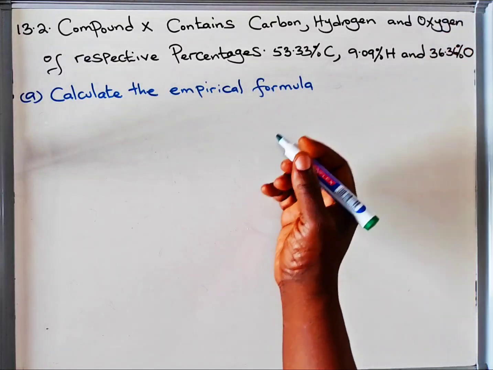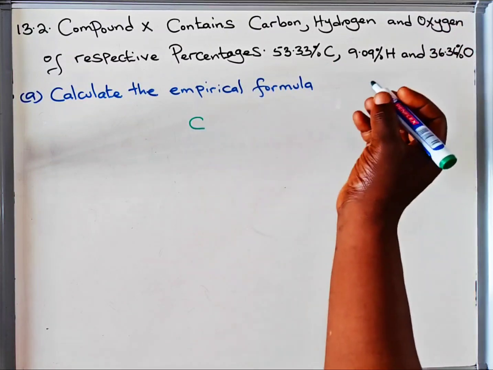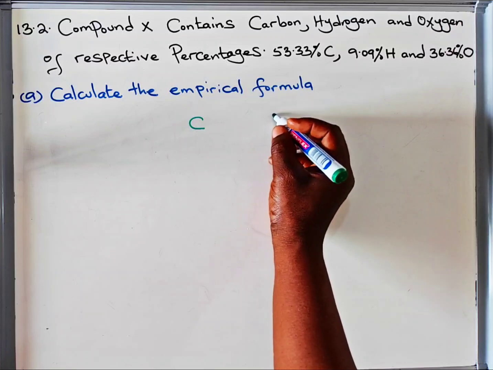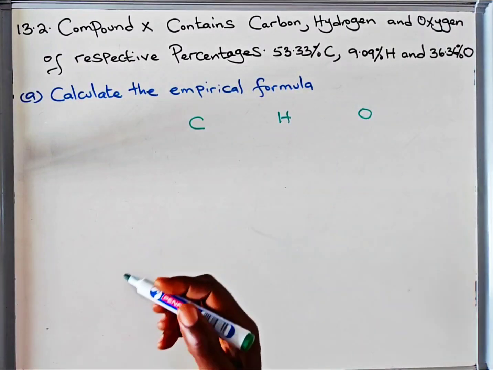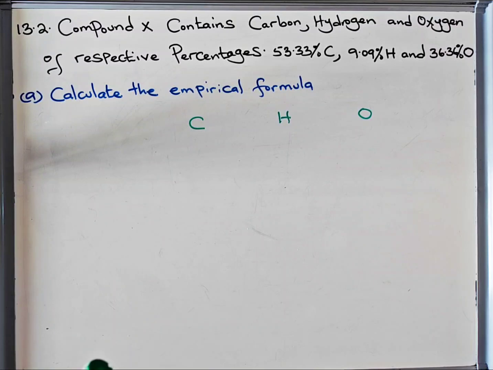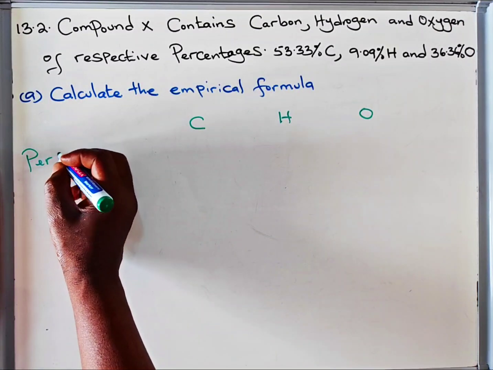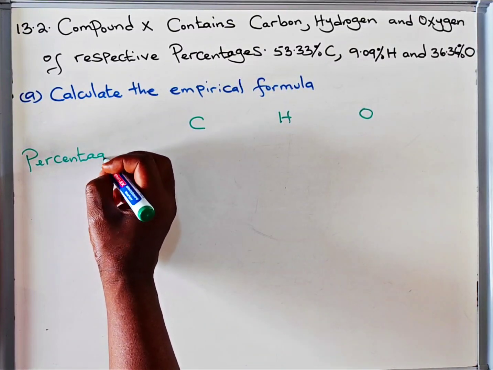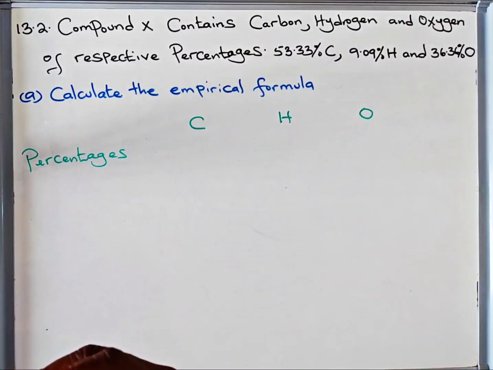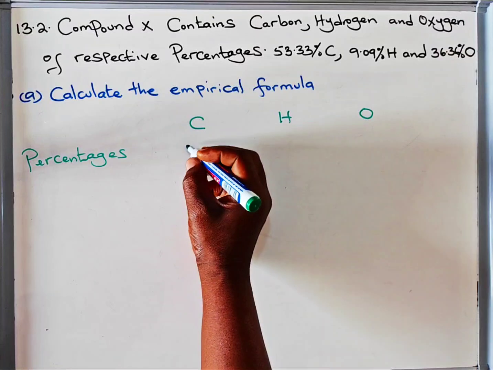Okay, we list the elements given. You have carbon, hydrogen, and oxygen. The first part is to list the percentages. What is the percentage of carbon?